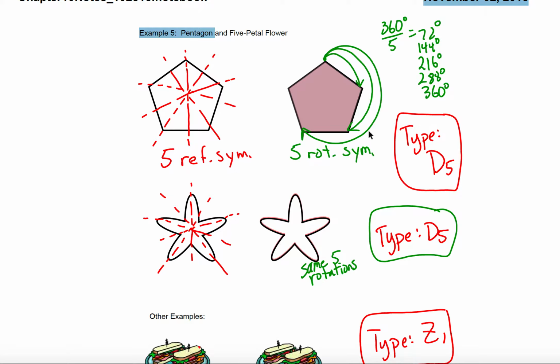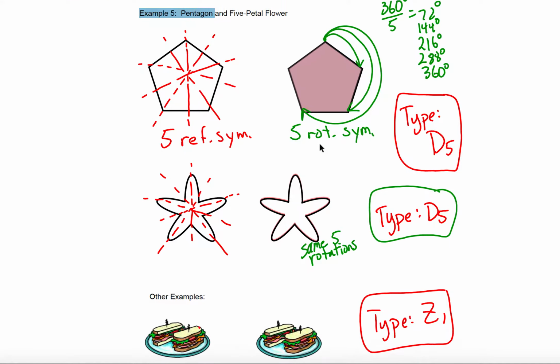Add 72 and 72, you get 144, then 216, 288, and 360. Since there's both reflective and rotational, it's a D, and since it has 5 reflections and 5 rotations, it's a D5. As a reminder, it always has the same number of reflections as it has rotations. If you have 5 rotations, you better find 5 reflections. If you find 5 reflections, you better find 5 rotations.